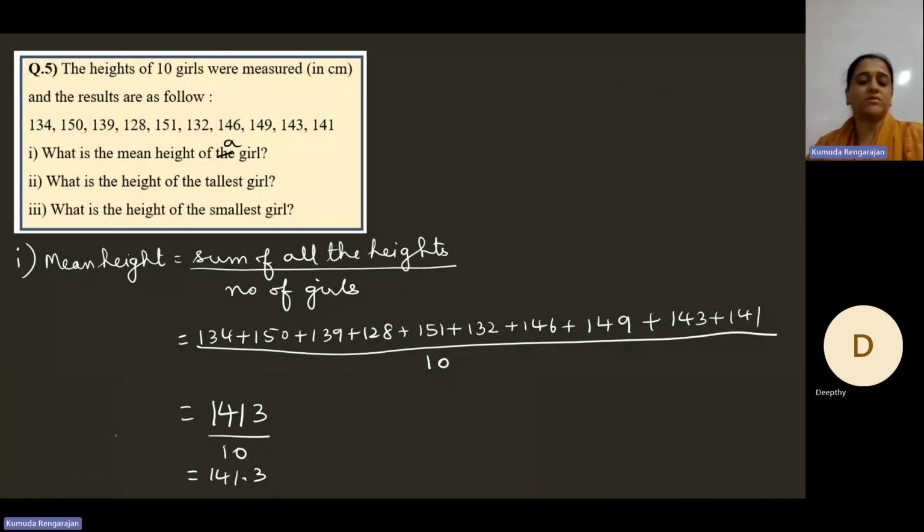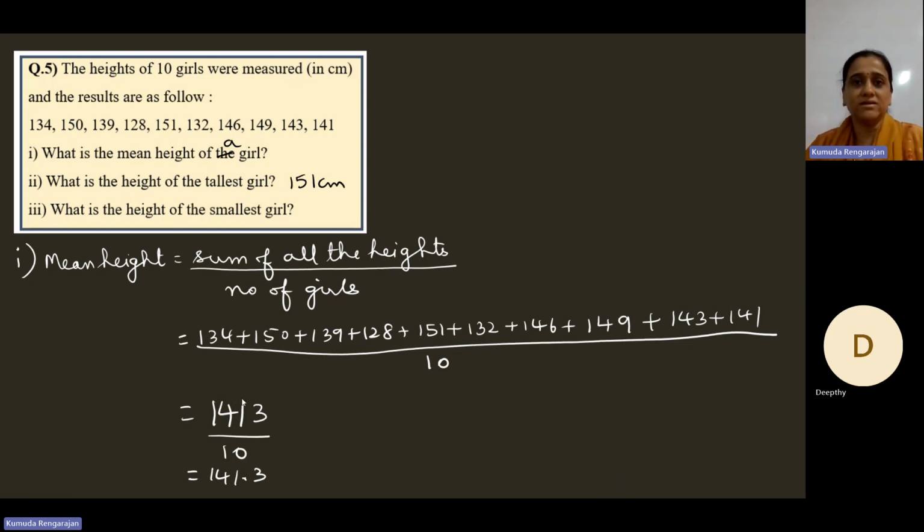What is the height of the tallest girl? 151 centimeters. So you can see that the mean is very close to the height of the tallest girl. It will not always be like that.